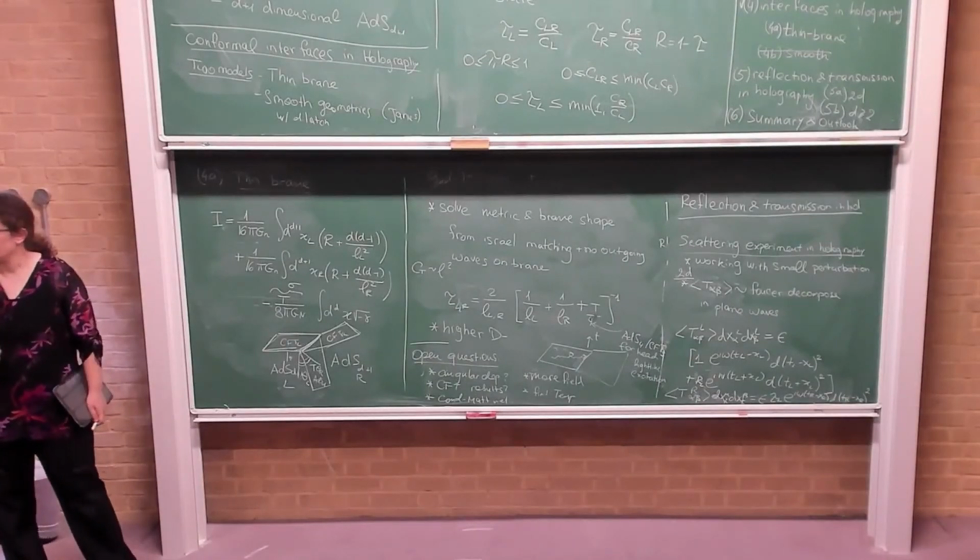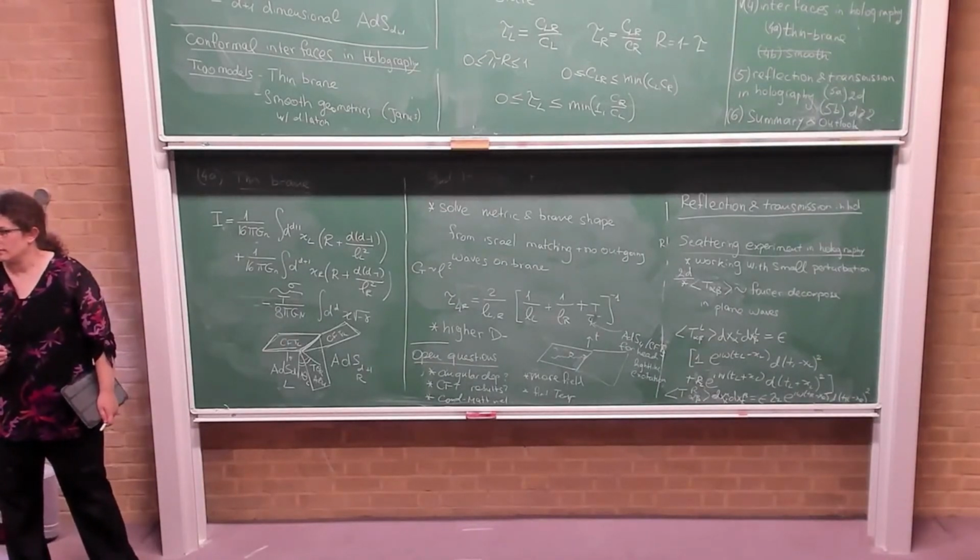As you go through the family of conformal interfaces in the CFT, how does that correspond to the family of branes in the gravity picture? Do you get different degrees of freedom with branes?